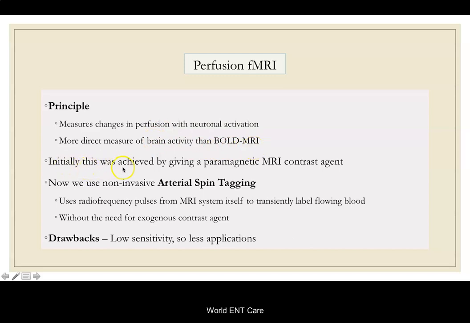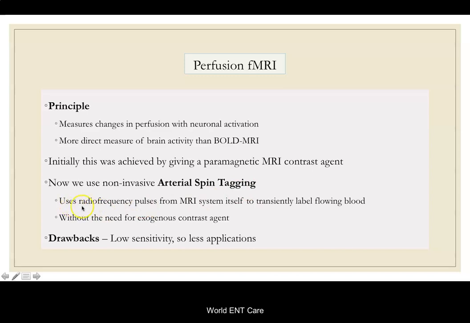Initially, perfusion fMRI was achieved by giving a paramagnetic MRI contrast agent, an intravenous contrast agent used to be given earlier. Now, however, we use a non-invasive technique, arterial spin tagging.